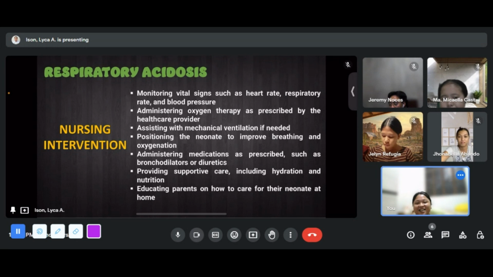So, assisting with mechanical ventilation if needed, positioning the neonate to improve breathing and oxygenation, administering medications as prescribed, such as bronchodilators or diuretics. So, providing supportive care, including hydration and nutrition, educating, so also educating the parents on how to care for the neonate at home.